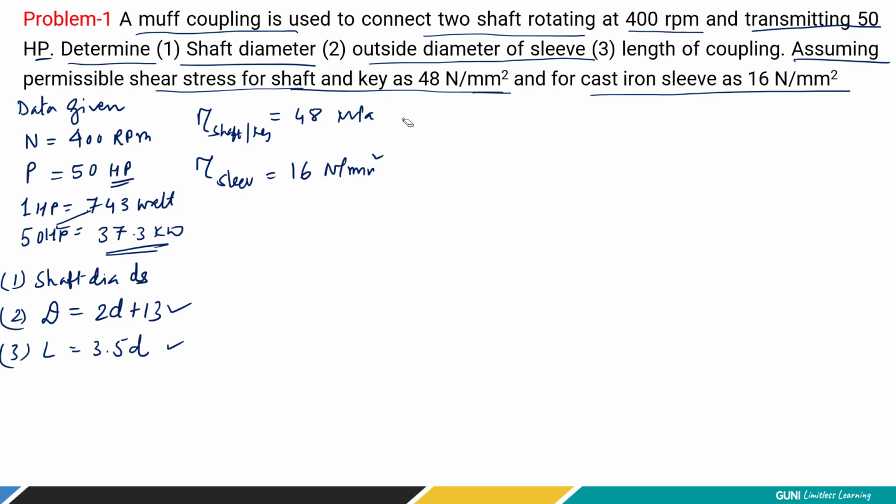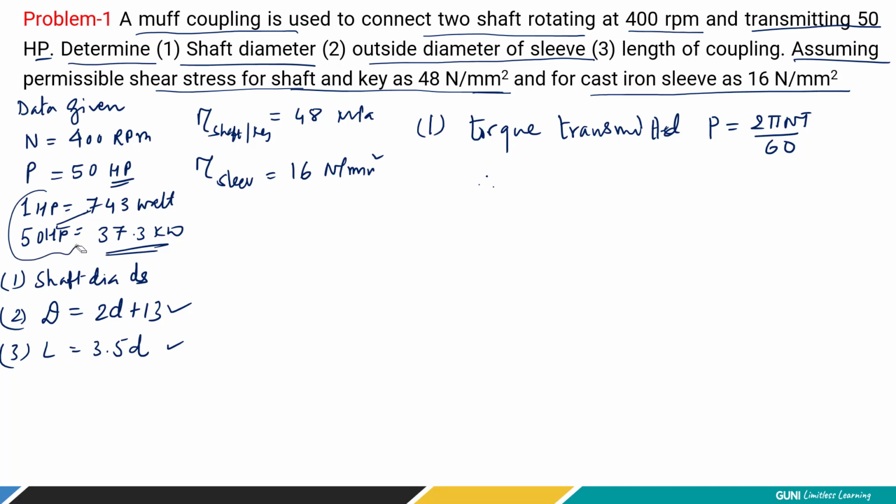Let's try to solve the problem. First we have to find the torque transmitted, because all equations are based on torque, not on power. It comes from the equation P is equal to 2 pi N T divided by 60. Here the power is 37.3 kilowatt, which I am turning into watt. 2 pi N is given with 400 RPM, and we find the torque and divide by 60.